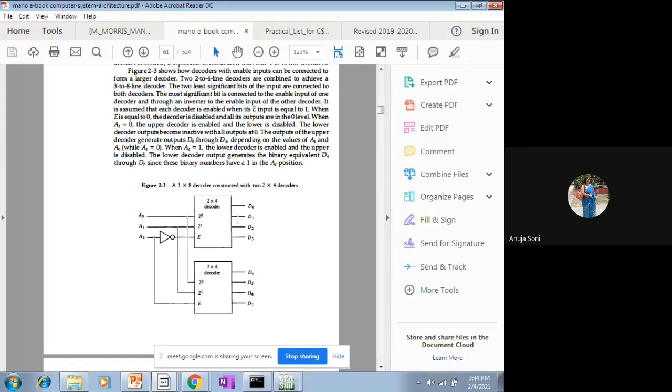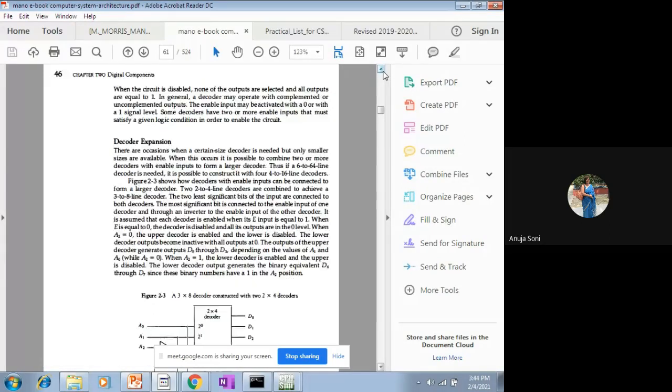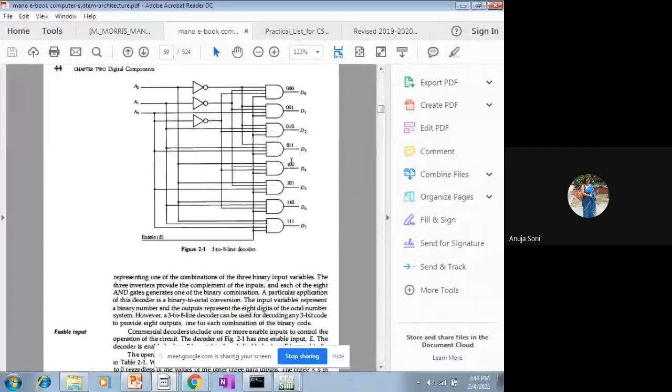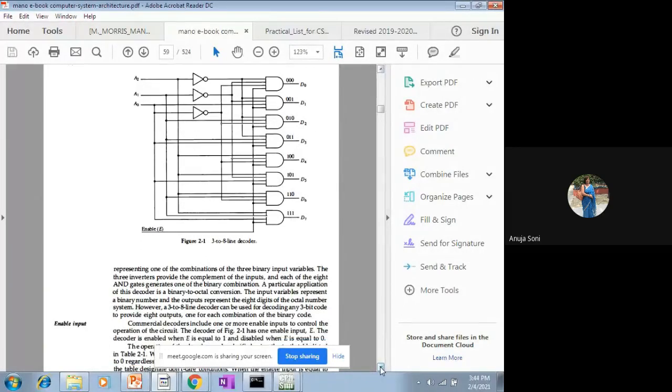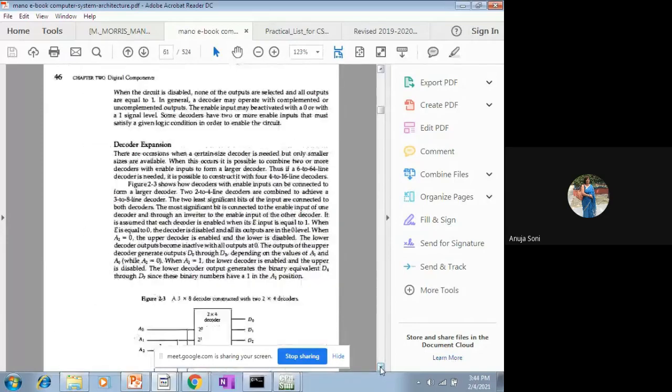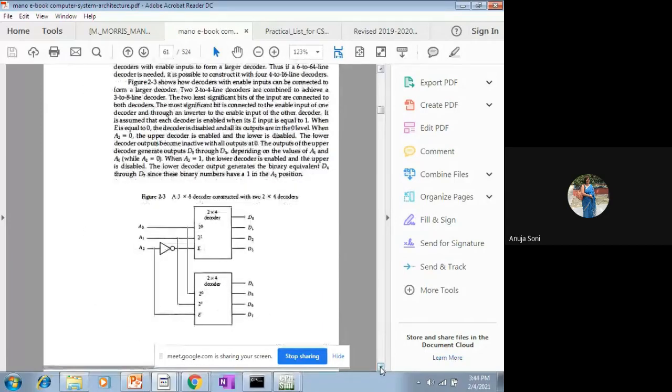Which functionality of the 3:8 decoder? The 3:8 decoder was working in a manner shown by drawing this diagram. In a similar manner, the same functionality can be achieved even if only 2:4 size decoders are available. If we connect 2:4 size decoders, then they can be made to behave just like your 3:8 size decoder.